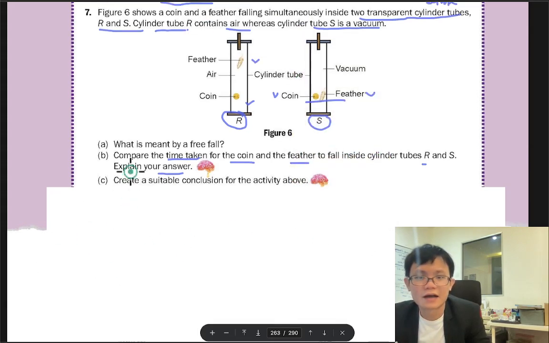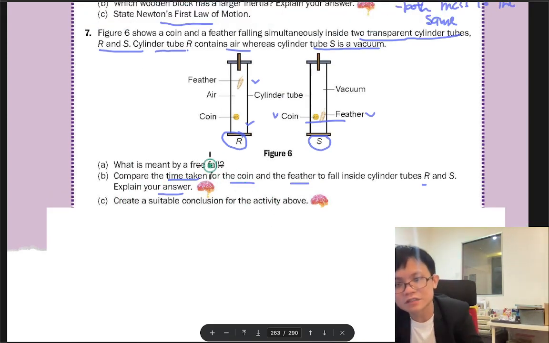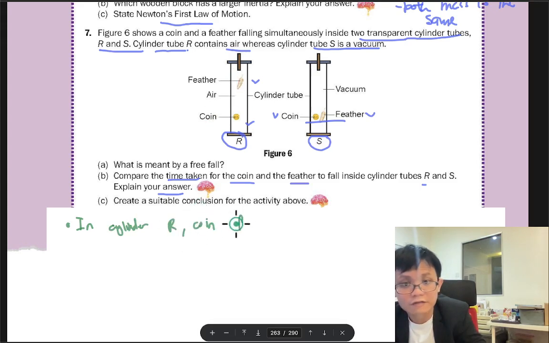Okay, time taken for the coin and the feather in R. So let's talk about R first. In cylinder R, the coin falls down faster than the feather.